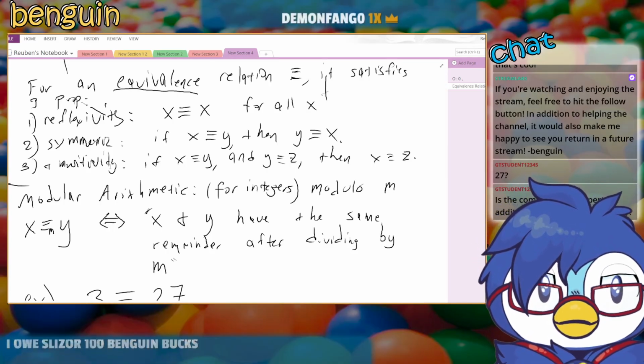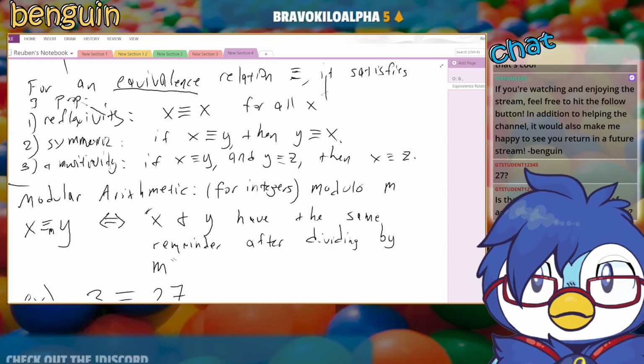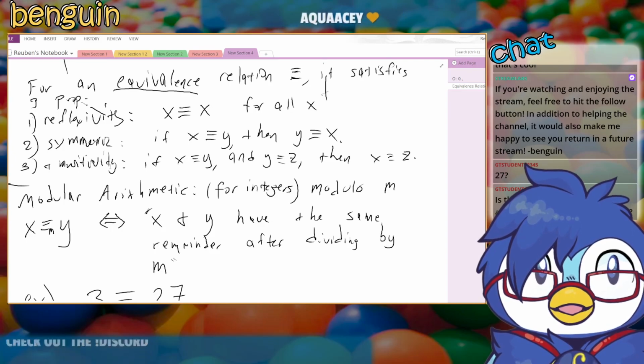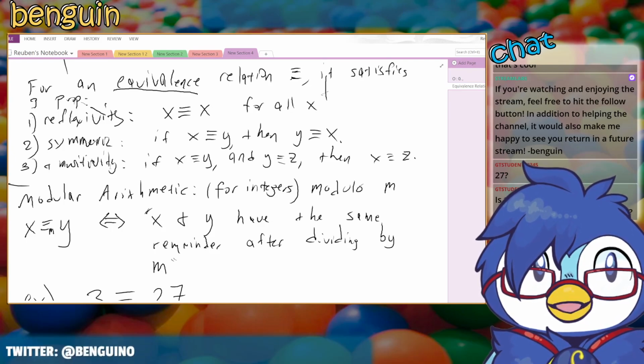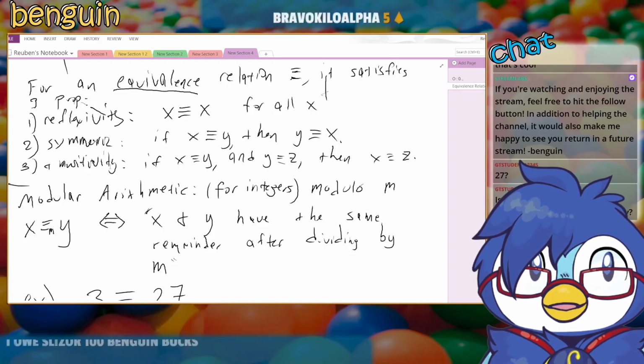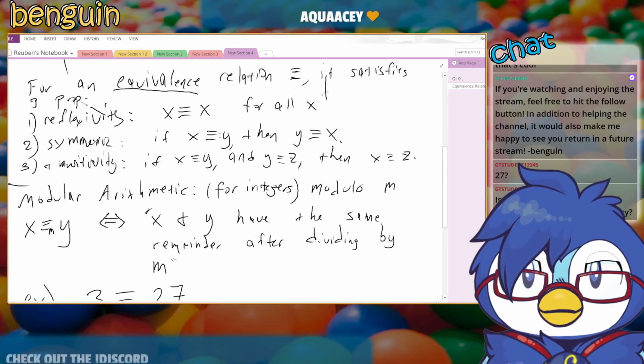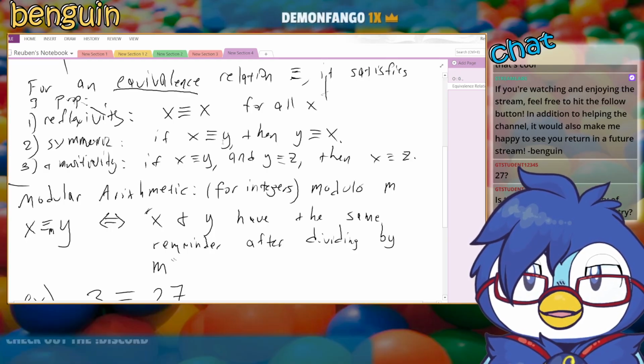Is the commutative property of addition an example of symmetry? That's a good point, but it's slightly different. It's important to remember this isn't quite an operation. We're saying x and y are related in some way.